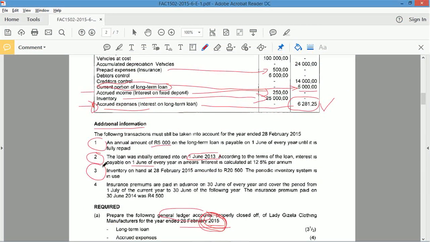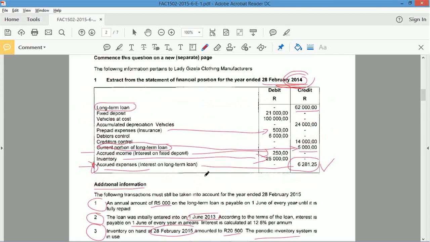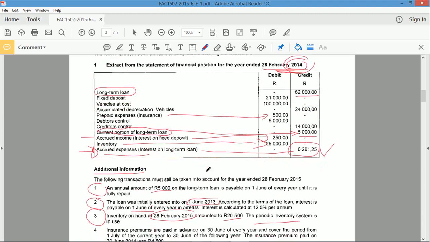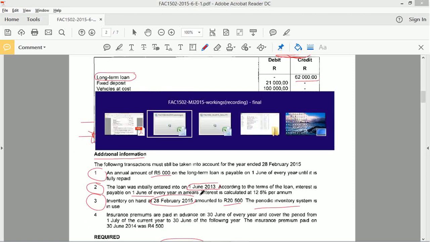Next, number 3. Inventory on hand at 28th of Feb amounted to 20,500. The periodic system is in use. So if periodic is being used, we need to calculate cost of sales. They tell us what the 28th Feb 2015 balance is, and that would have been the end of this year, not the end of last year. In the question, they gave you opening stock. Here, they're giving me closing stock.